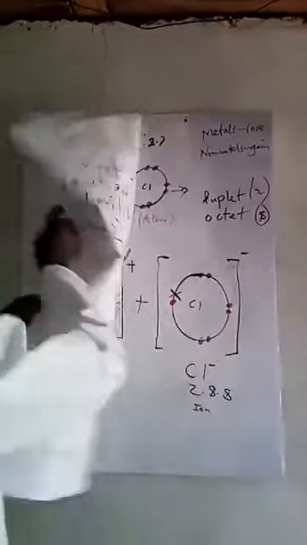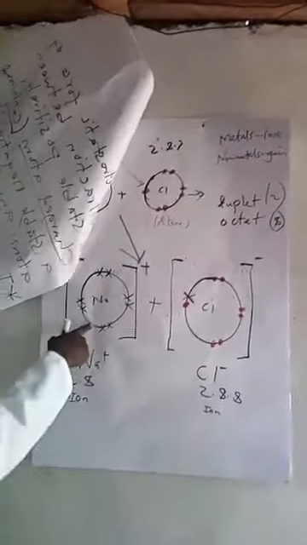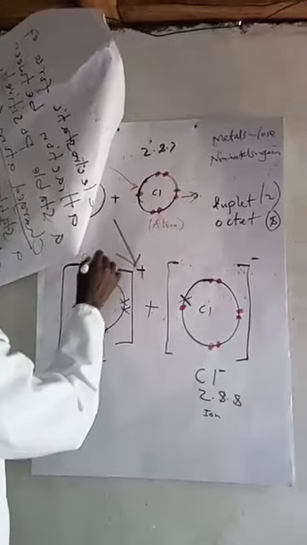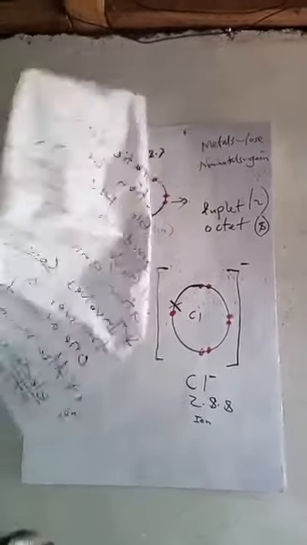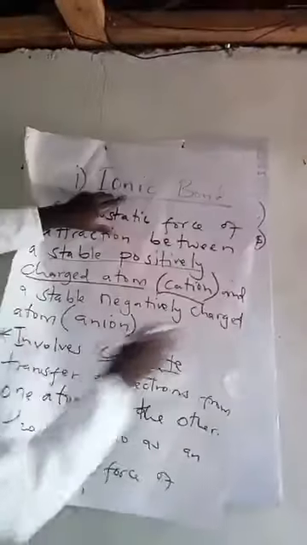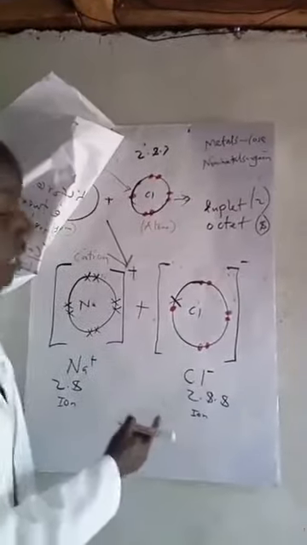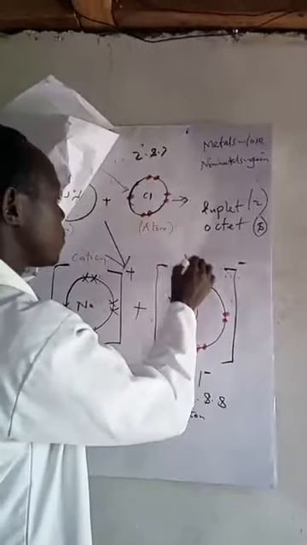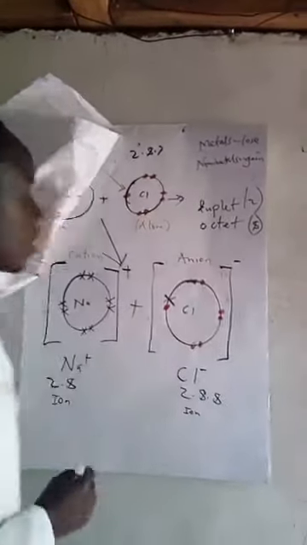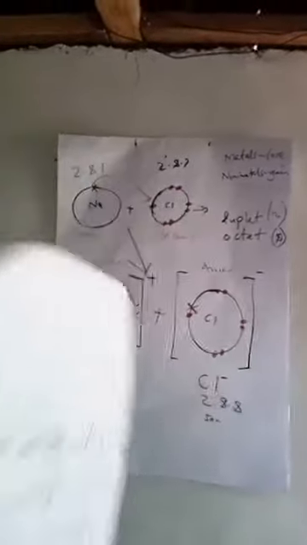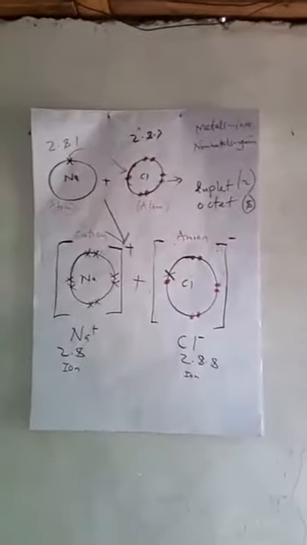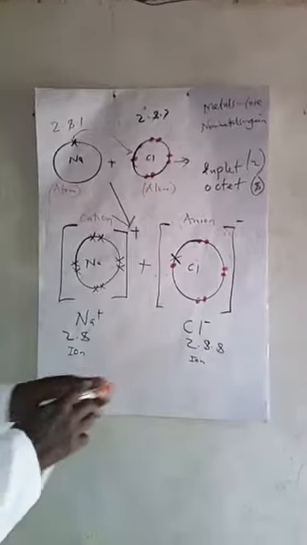So in this sense, sodium now becomes the cation. And the negatively charged ion is referred to as an anion. So chloride ion becomes the anion. That is what happens during that kind of bonding.